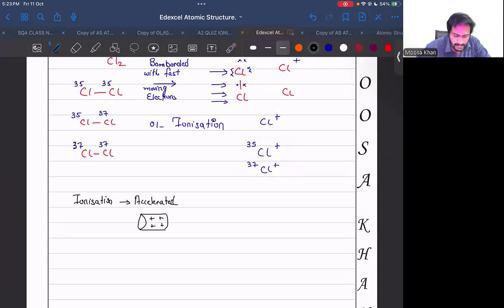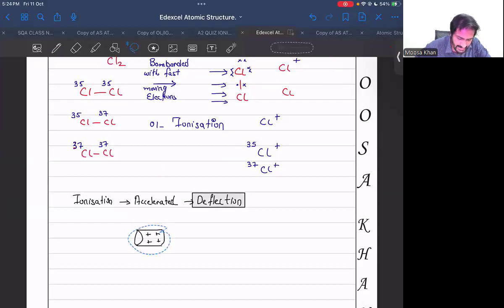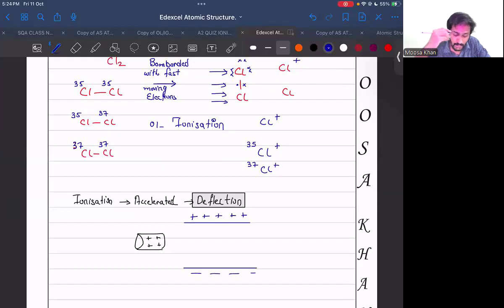And once they start moving at a very high speed, we deflect these positively charged ions. This process is known as deflection. How can we deflect them? We can pass them through an electric field. Let's say we have an electric field set up by two plates, the positively charged plate at the top and the negatively charged plate at the bottom.